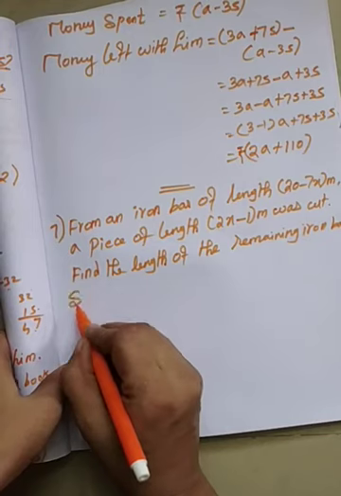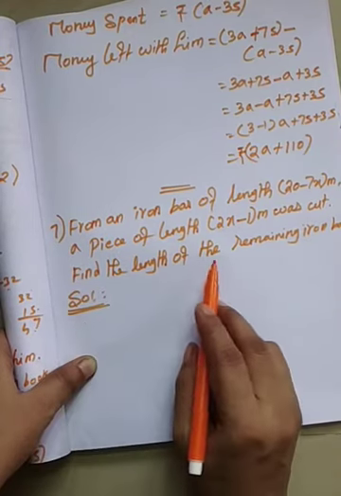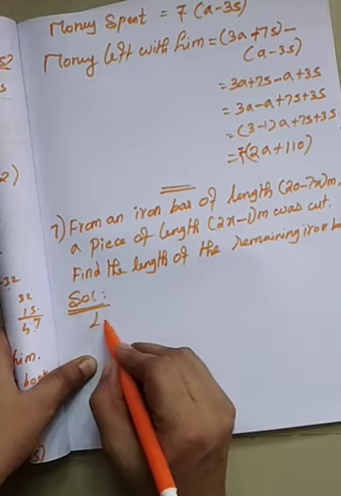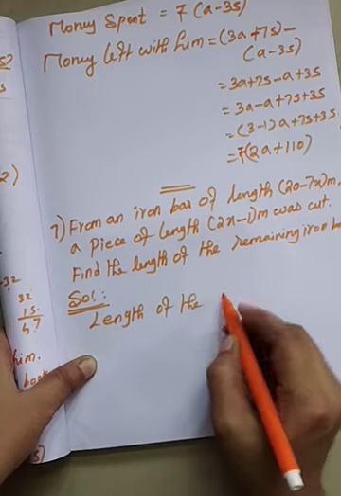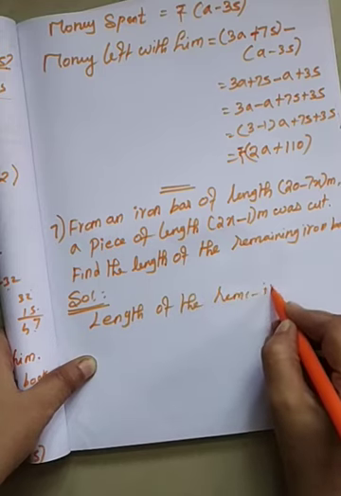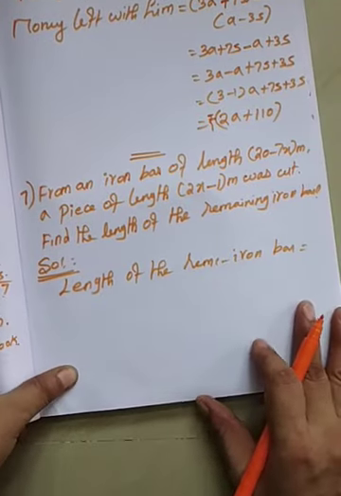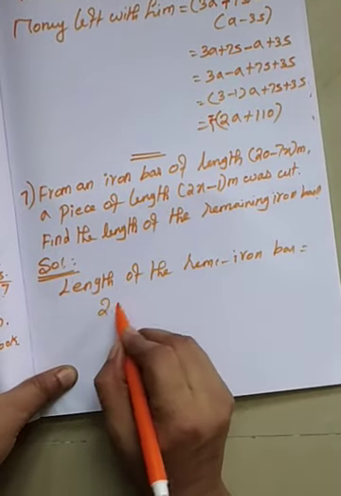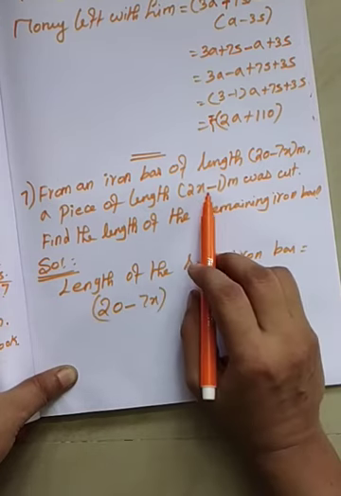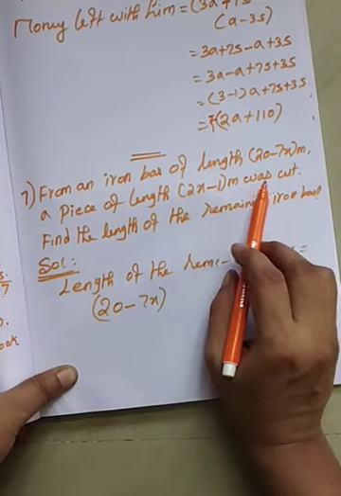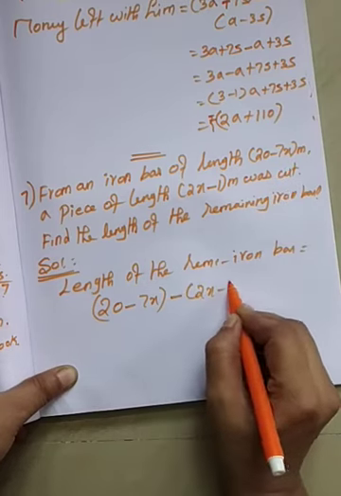Okay, see, first, what do you need? The length of the remaining iron bar. So write: the length of the remaining iron bar is nothing but the total length first. What is the total length? 20 minus 7x. Then 2x minus 1 meter was cut, so you have to put minus, 2x minus 1.